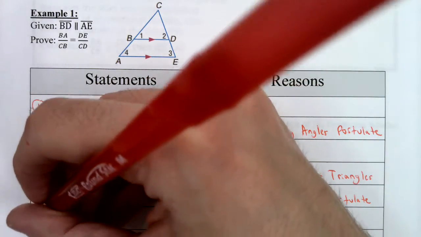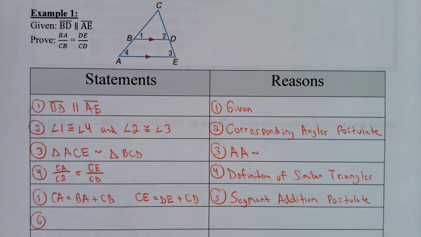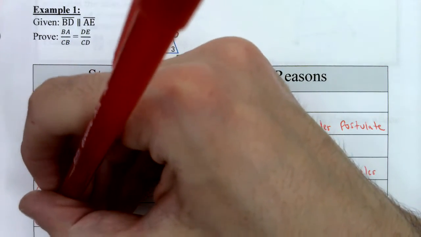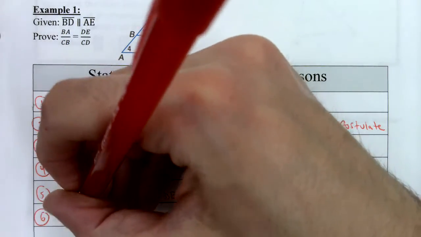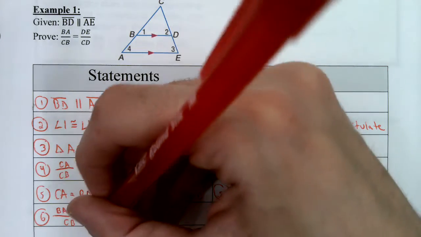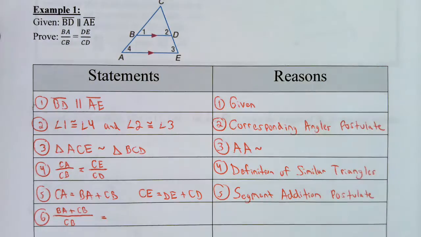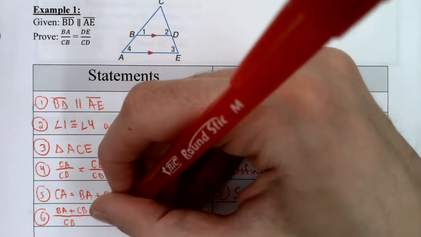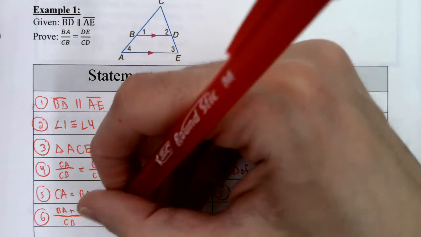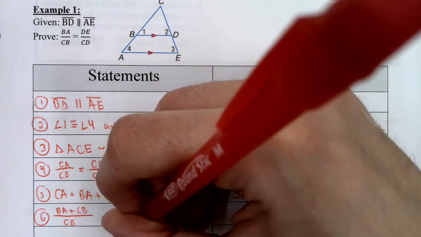And now look what I'm going to do. For step 6, I'll write it first, and you see if you can figure out what I'm doing. I can say BA plus CB over CB equals DE plus CD over CD.